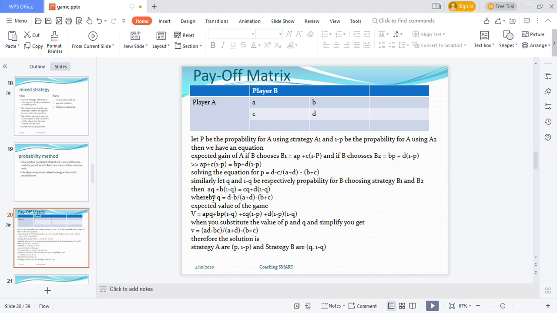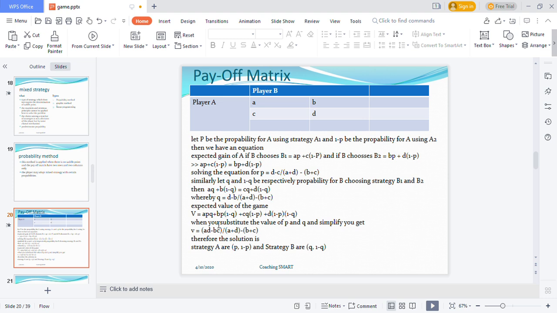Then AQ plus B(1 minus Q) equals CQ plus D(1 minus Q), whereby Q equals D minus B divided by (A plus D) minus (B plus C).